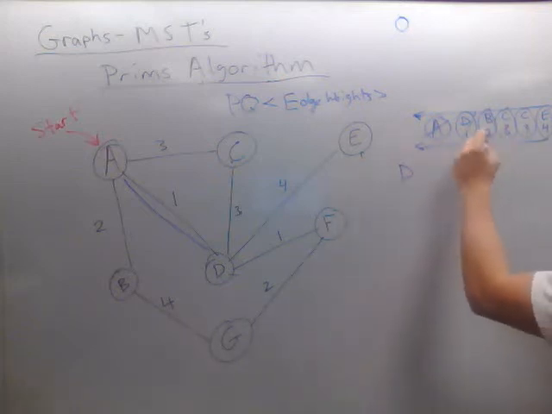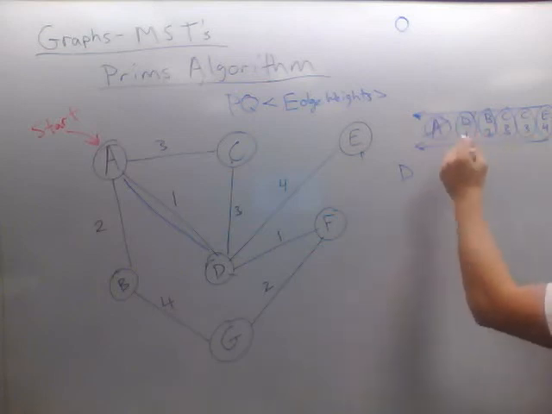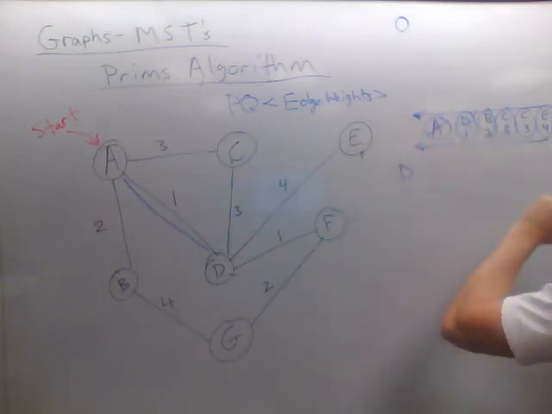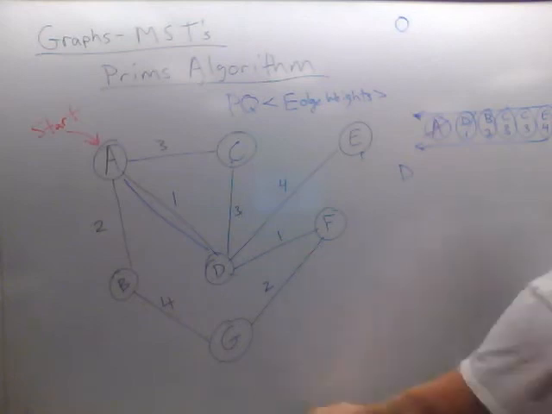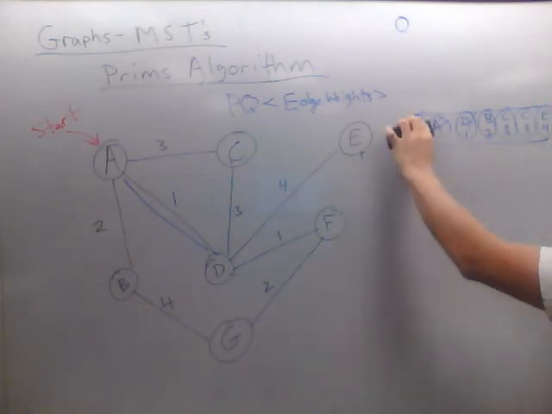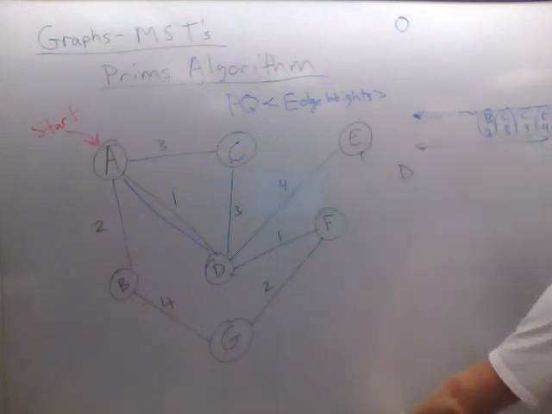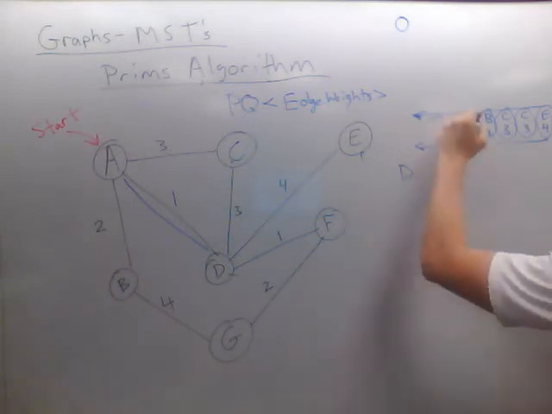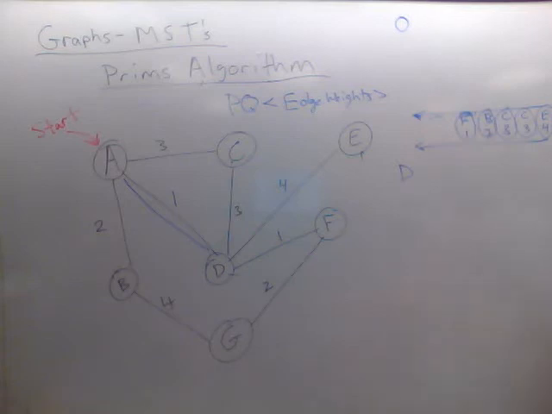Note that I can't just add it all to the end. This is a priority queue, so it has to be sorted based on weights. So instead of redrawing the queue, I'm just going to add F1 where it's supposed to go. Okay. So now D has been processed.